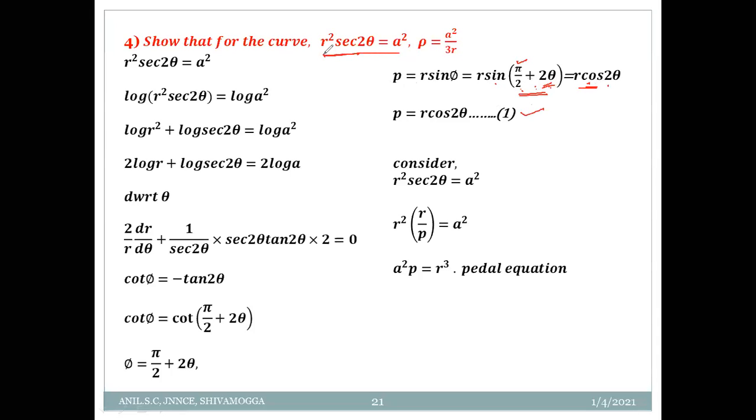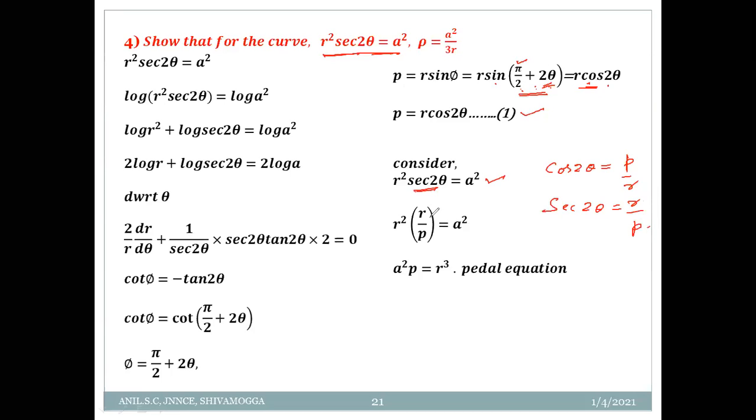Since r square into secant 2 theta is equal to a square, this is the given expression. Substitute secant 2 theta. Here cos 2 theta is equal to p by r from equation number 1, and its reciprocal secant 2 theta is equal to r by p.